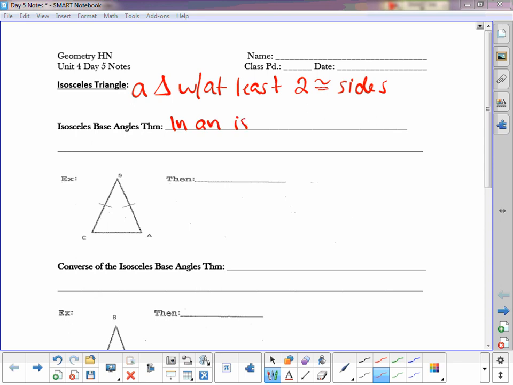In an isosceles triangle, the base angles are congruent. In an isosceles triangle, the base angles are congruent. What does it mean to be isosceles again?